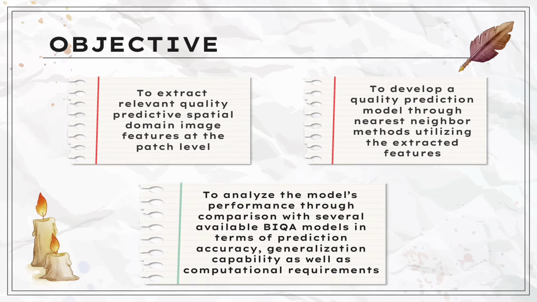The third objective is to analyze the model performance through comparison with several available BICA models in terms of prediction accuracy, generalization capability as well as computational requirement. Prediction accuracy is mean square error and correlation. Generalization capability means we are using the LIVE database for training images.